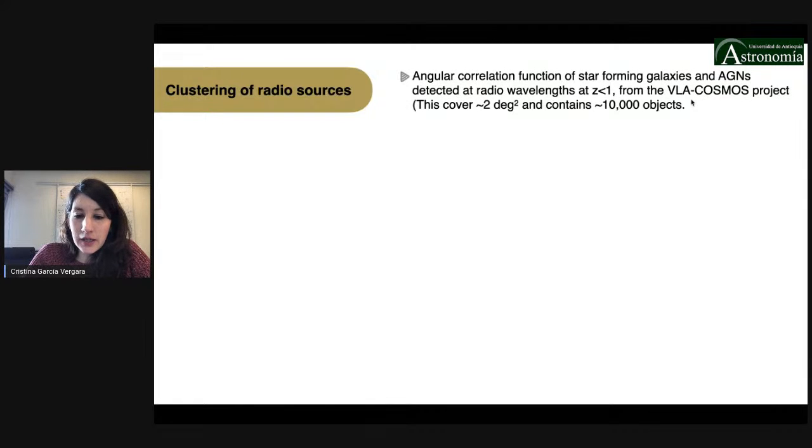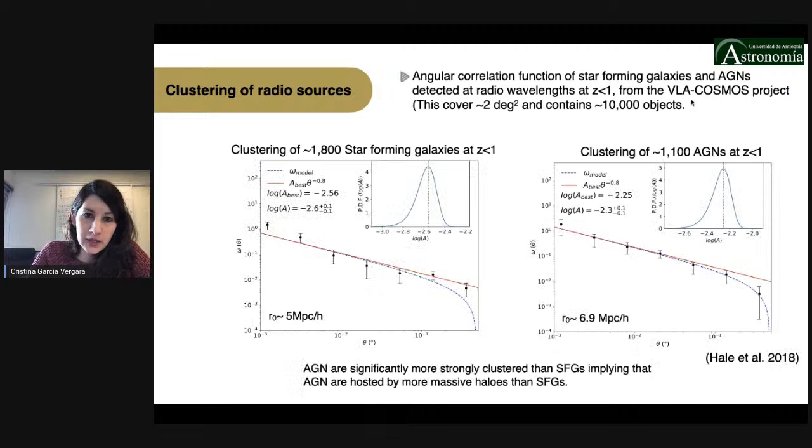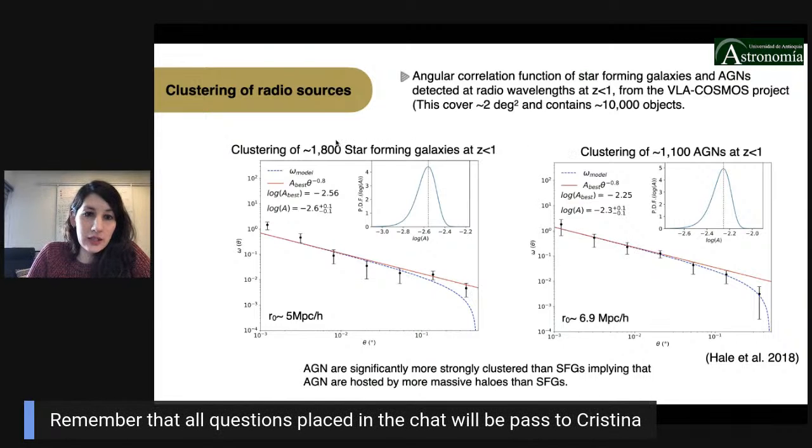Then they have more information to split the sample based on their different properties. Then specifically, they can split the radio sources between star-forming galaxies and AGNs, and then they can measure the clustering of these 2 different populations.